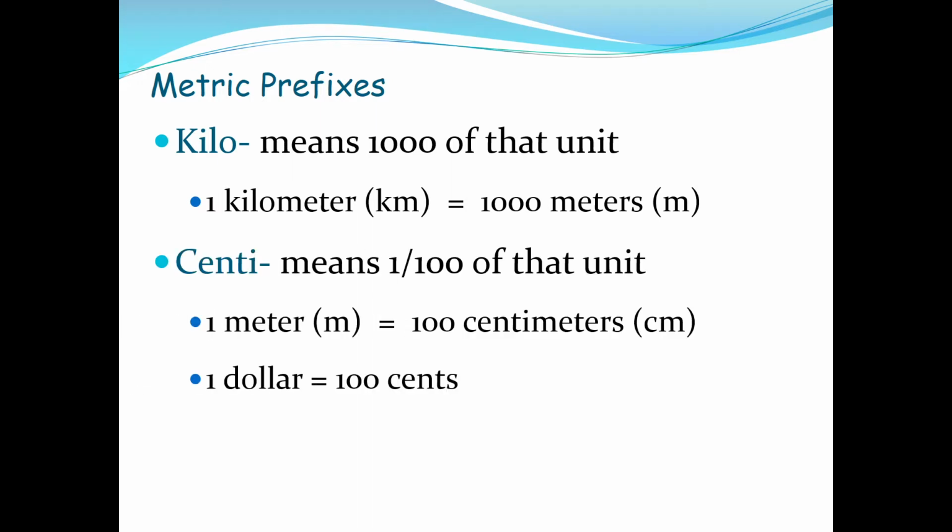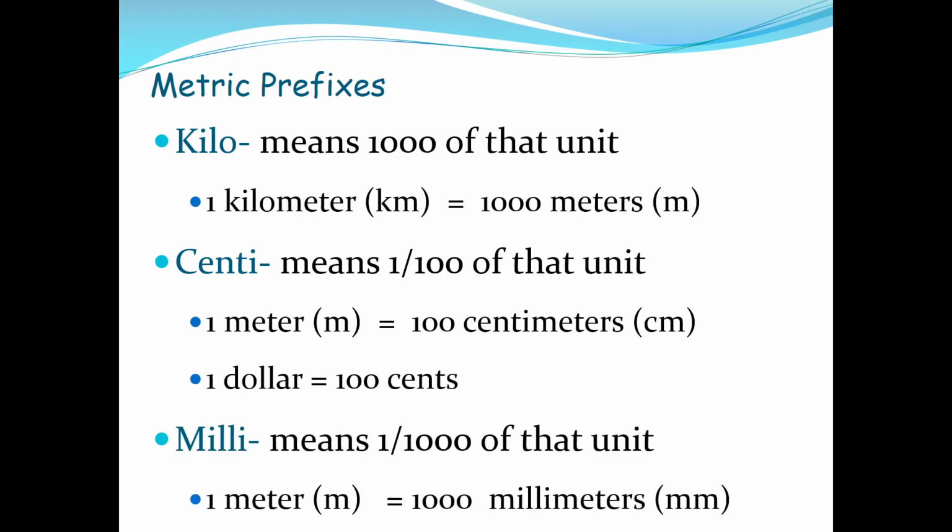Centi means 100th of that unit. 1 meter is equal to 100 centimeters, or equivalently 1 centimeter is 1/100th of a meter. $1 is 100 cents, or 1 cent is 100th of a dollar. Milli means 1,000th of that unit. 1 meter is equal to 1,000 millimeters, or 1 millimeter is equal to 1,000th of a meter.